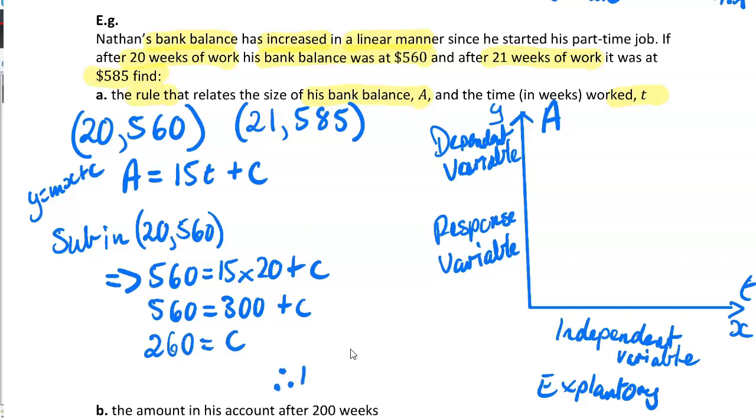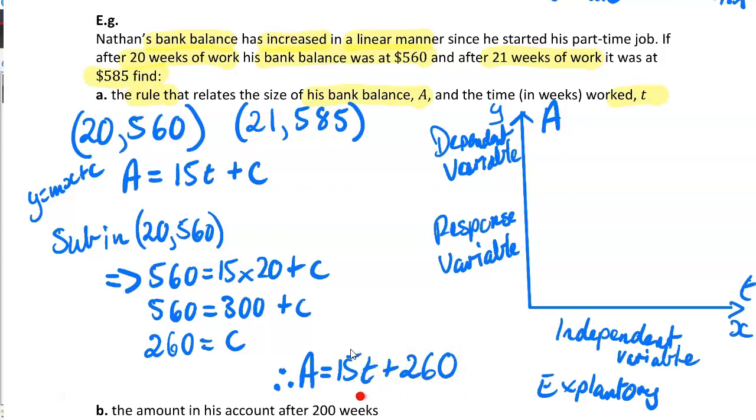Therefore, the rule that links them is A equals 15t plus 260. So this is saying that when t equals 0, when he started work, he already had $260 in his account.